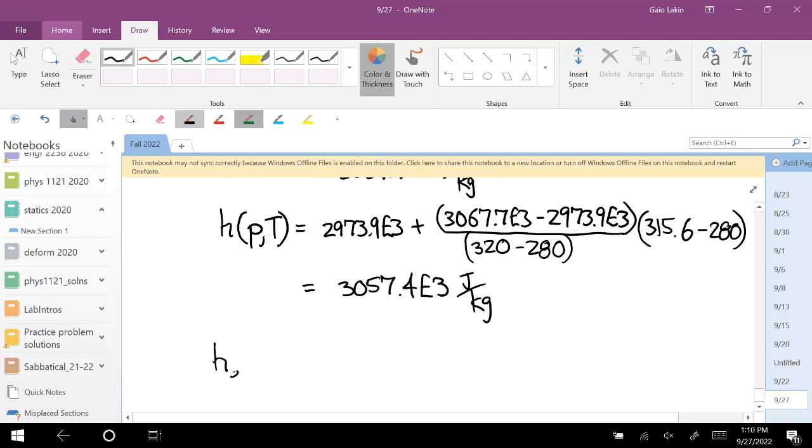So H at the exit, I'm just going to rearrange this, is equal to H at the inlet plus speed at the inlet squared over 2 minus speed at the exit squared over 2.